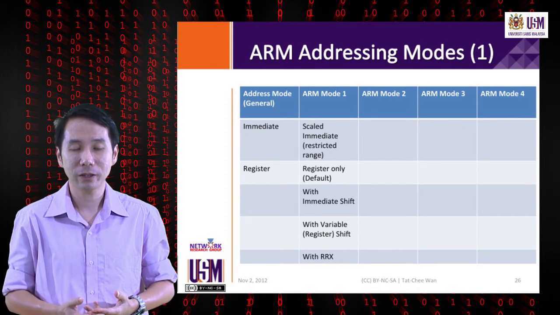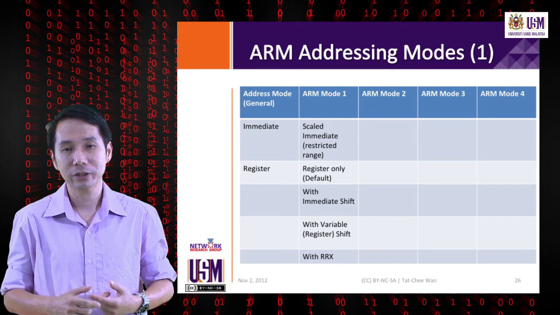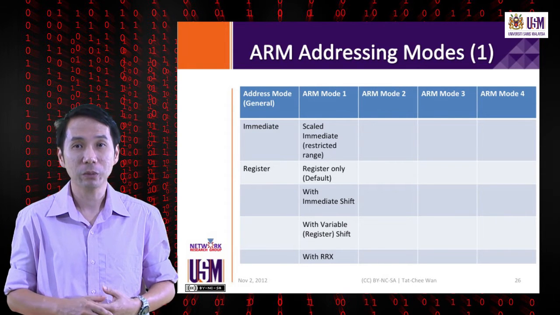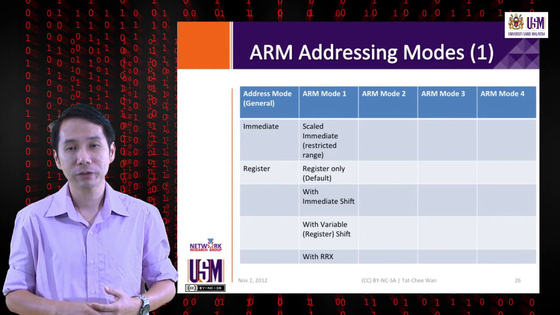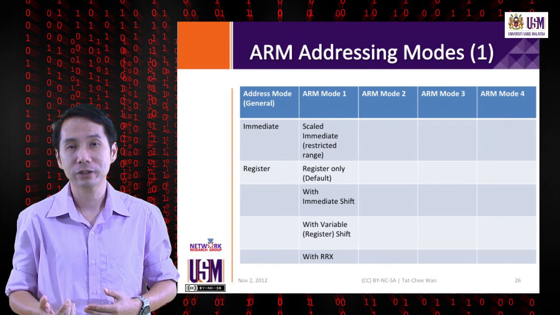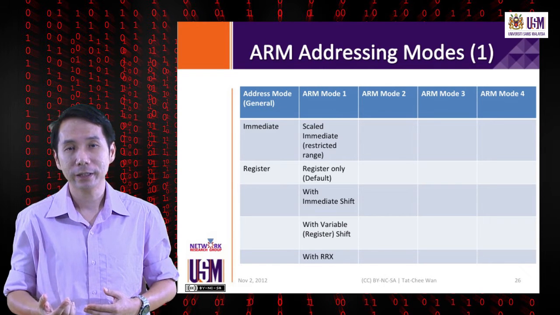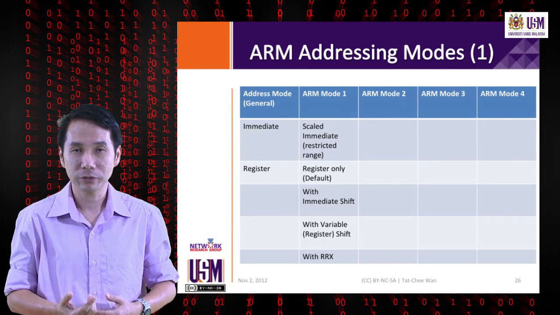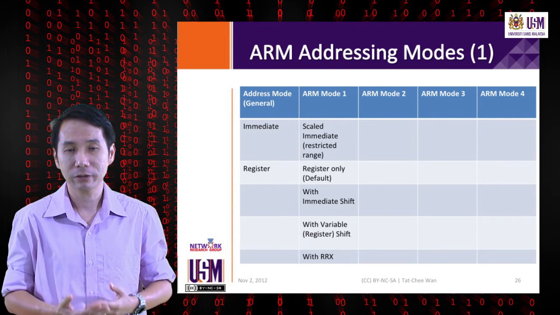For register operands, we can either reference registers directly, or registers can be modified by an optional shift or rotate argument, which allows us to convert the value of the register into a modified version for use with our arithmetic calculation.